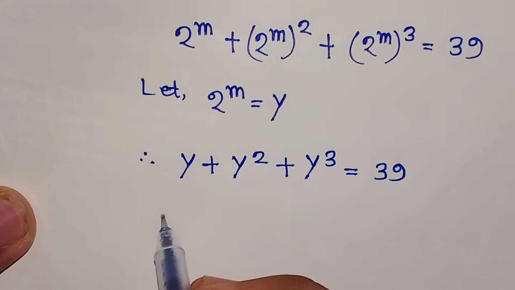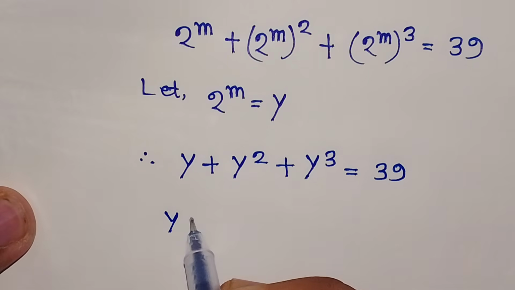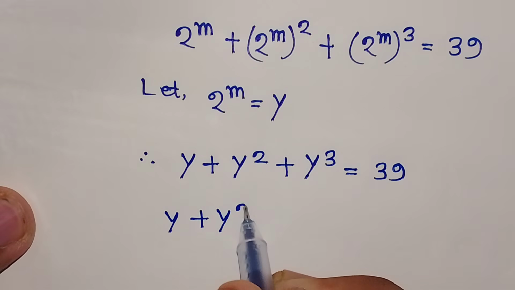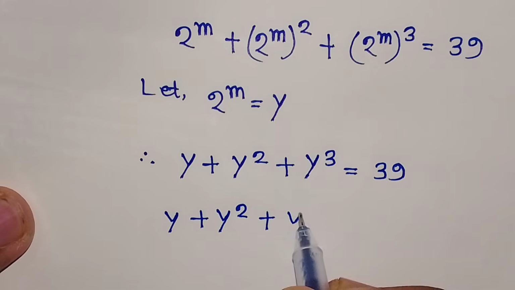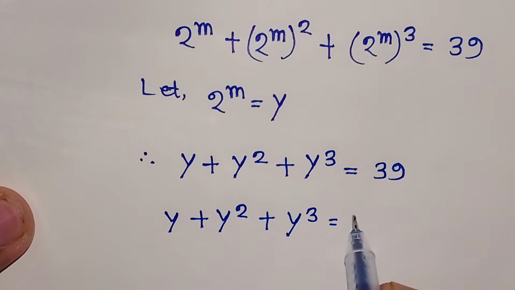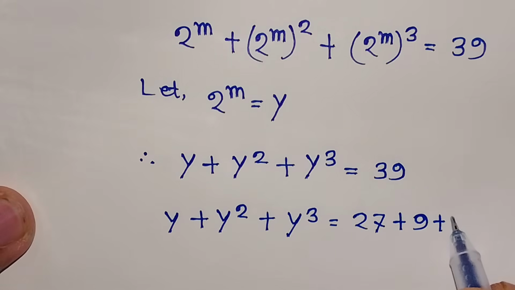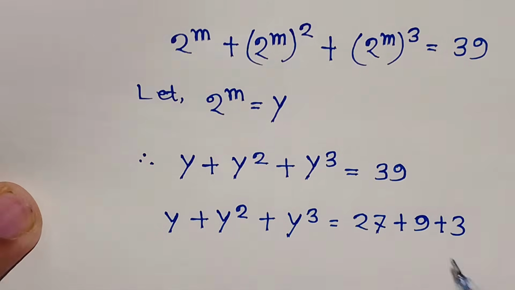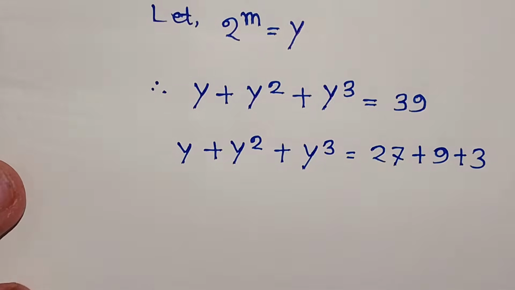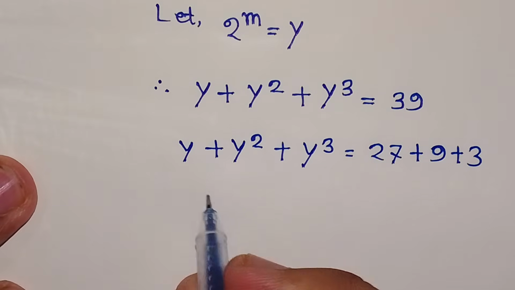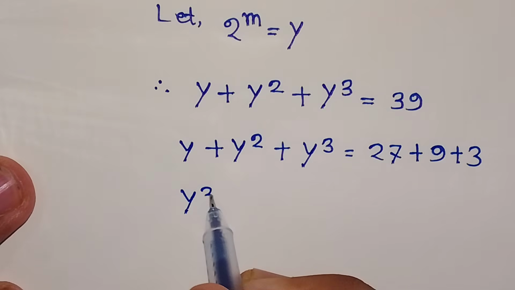Right? Now we can also write y plus y squared plus y cubed is equal to 27 plus 9 plus 3. We just break 39 with simple maths.